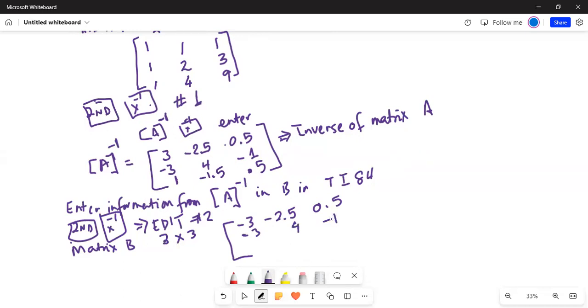So minus 3, enter, 4, enter, minus 1. The last row is 1, minus 1.5, and then 0.5 over here. It is this extra minus sign that I put over here. So back on this.